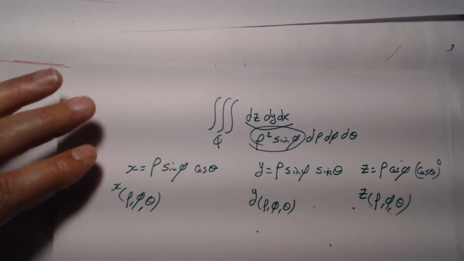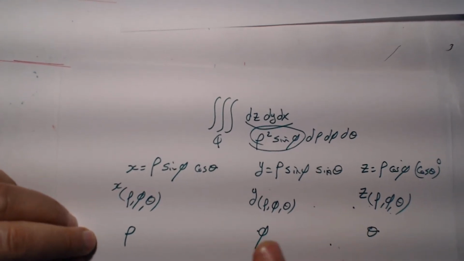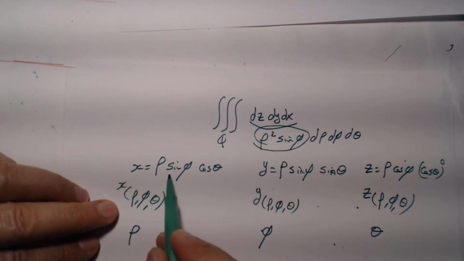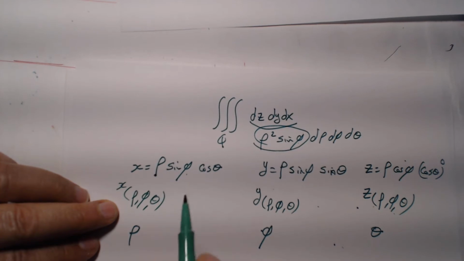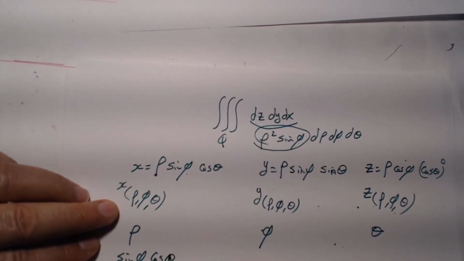Then somebody said, in here I have to take the derivative with respect to rho, with respect to phi, and with respect to theta. Well, you have to do partial derivatives. What is the partial derivative of x with respect to rho? The derivative of rho with respect to rho is 1. You have sine of phi cosine theta.